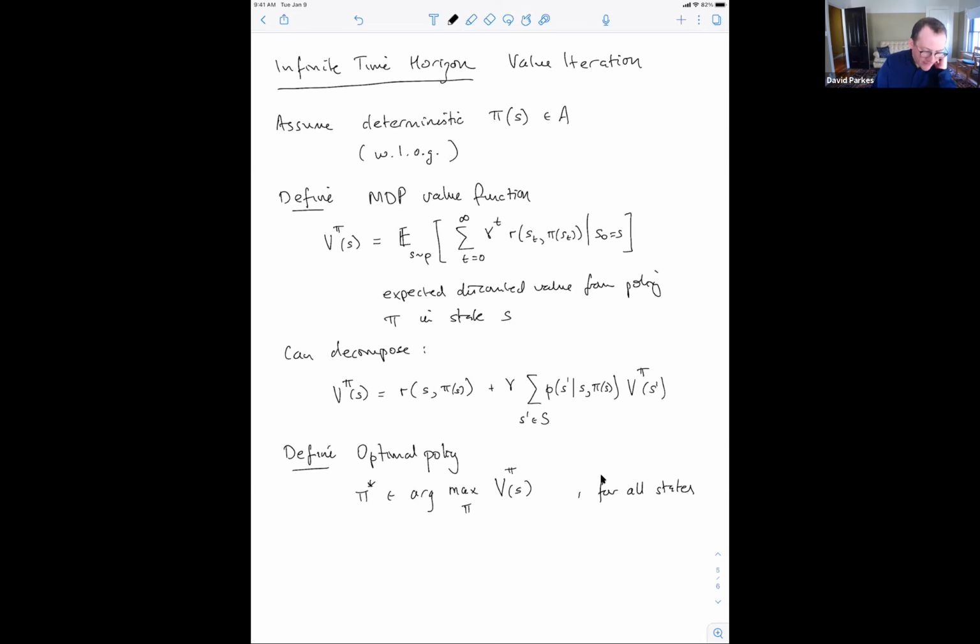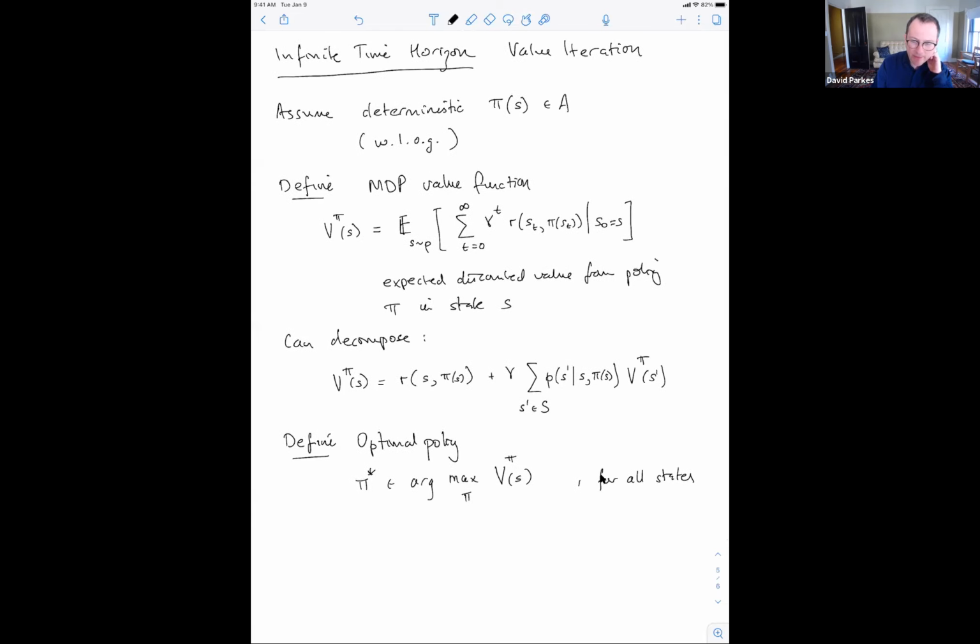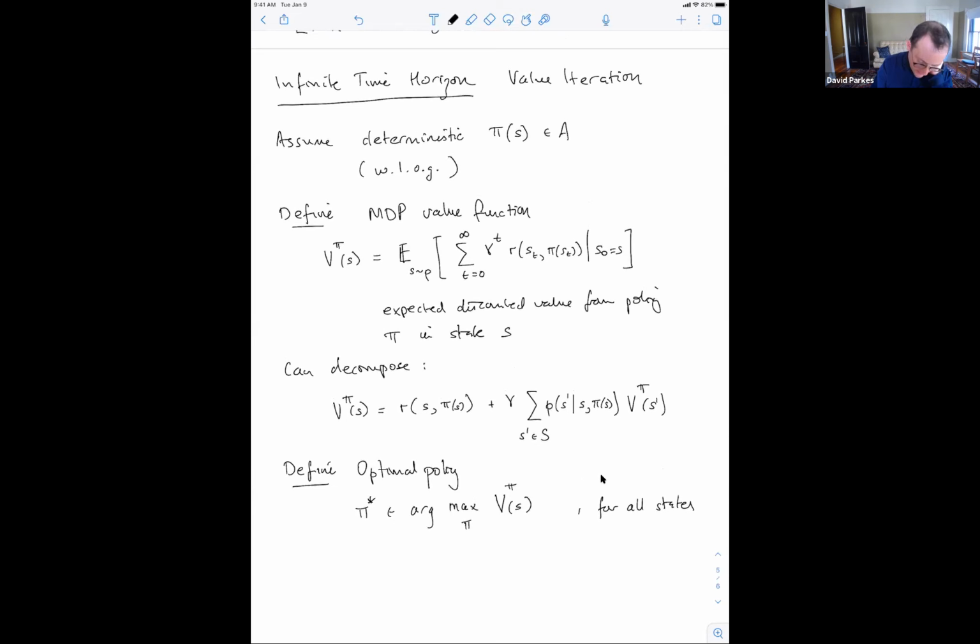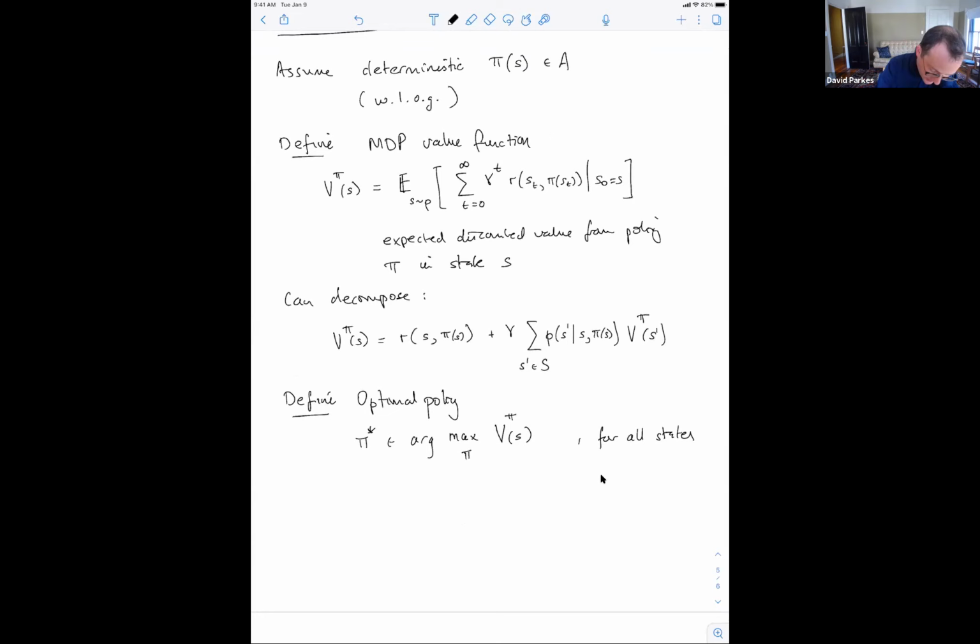And where I want to leave the discussion, and we'll go to the concept check, is, well, let's just define the optimal value function. So this is the value function corresponding to the optimal policy, and this is defined as this object.